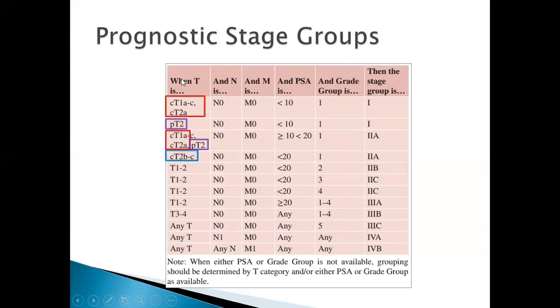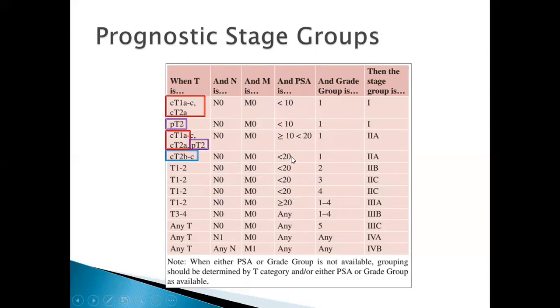So just follow the table as they have it. Find your T, then find the N, all right? It might be multiple choice here. And M is multiple choice. And then you get to the PSA, okay? So here we have the first 3 PSAs have to be less than 20, okay? And then it goes less than 20 and then greater or equal to 20.